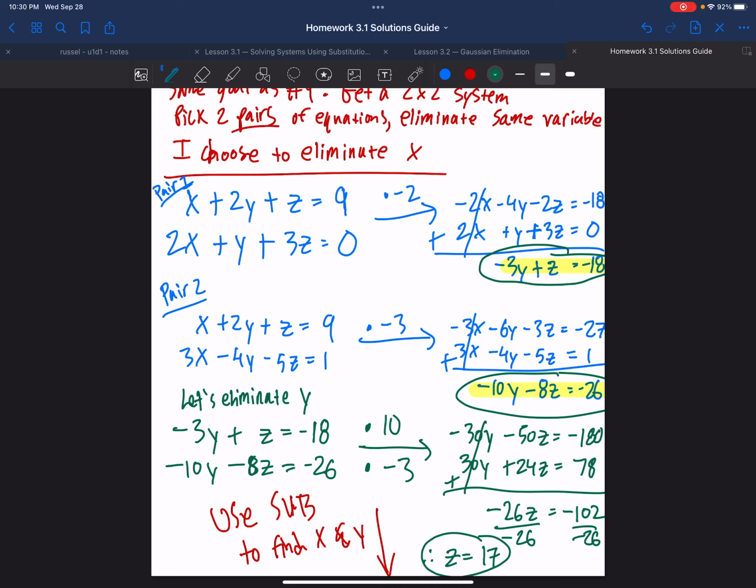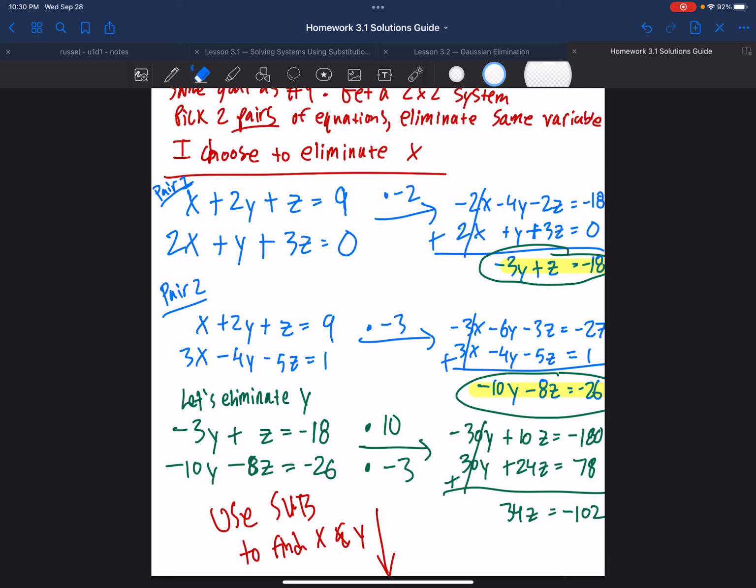But all these steps are the same. All that's different is this negative 50 is actually positive 10z, which makes this not negative 26, but rather 34z.